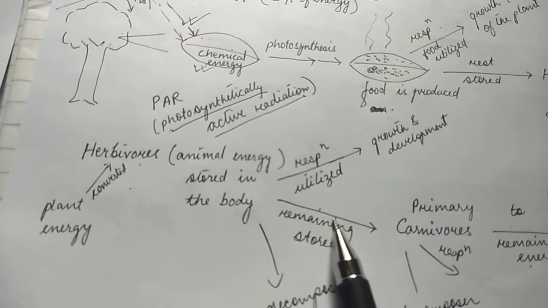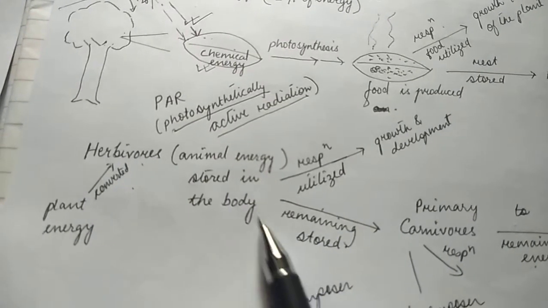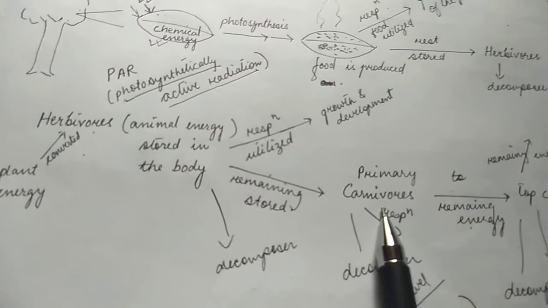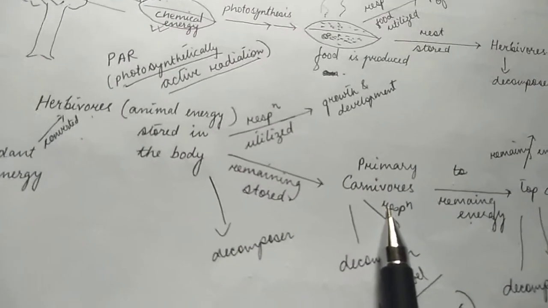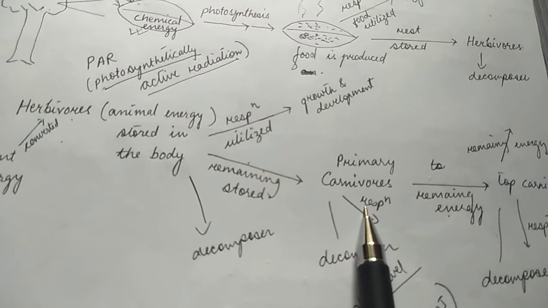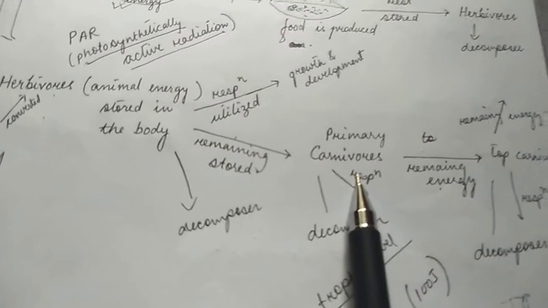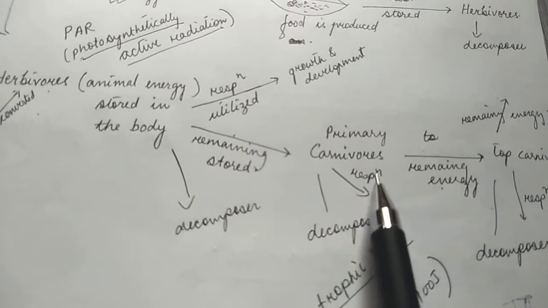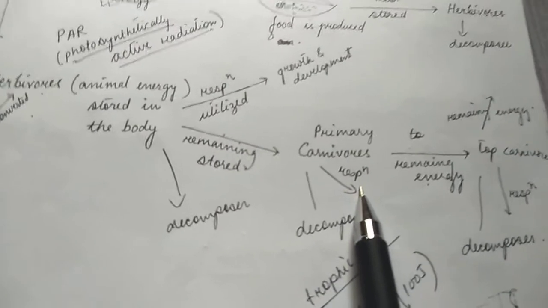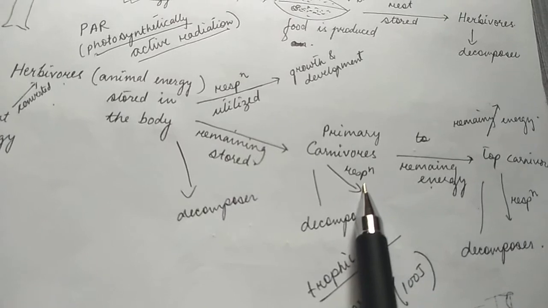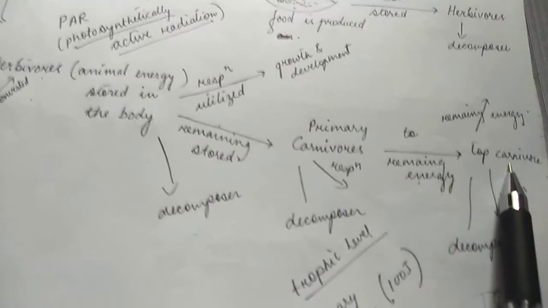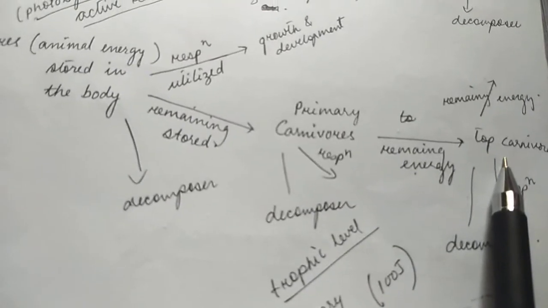The remaining energy is stored in its body and it is obtained by the next consumer, that is primary carnivores. The primary carnivores utilize some of the energy for growth and development and respiration, whereas the remaining energy is received by the top carnivores.